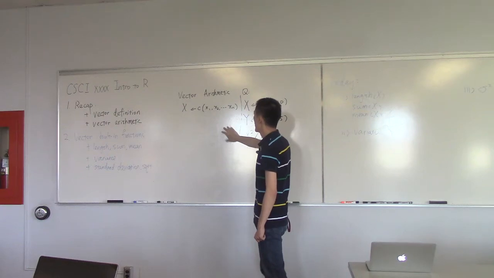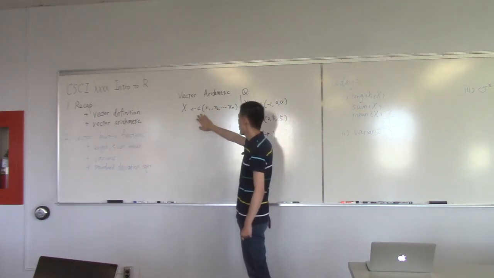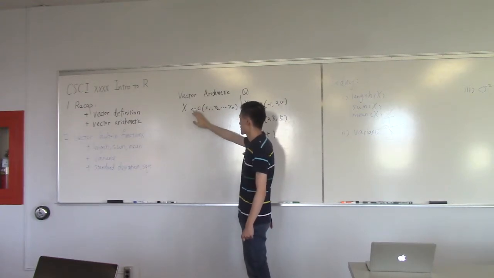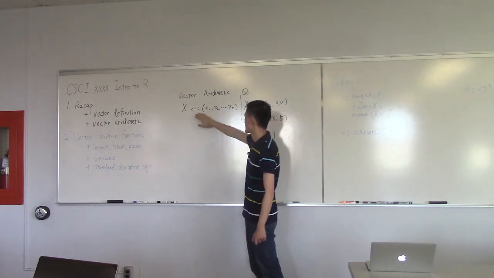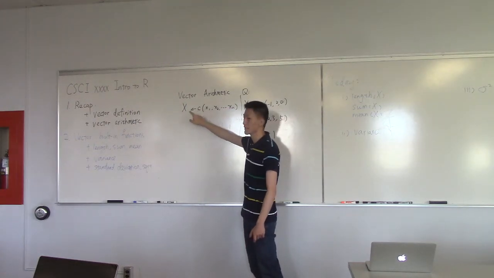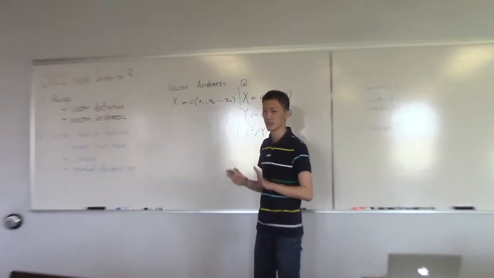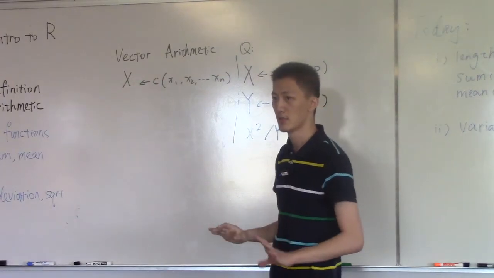So as we know here, recall that we define a vector x. X has n components, and we assign the value to the vector x using this statement. And we're going to assume all of the vectors we're working on here are numerical vectors. Yes, please.